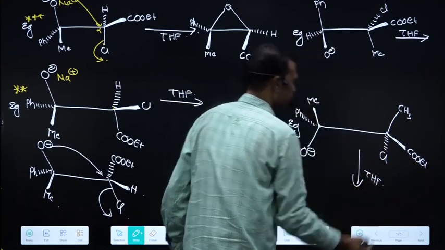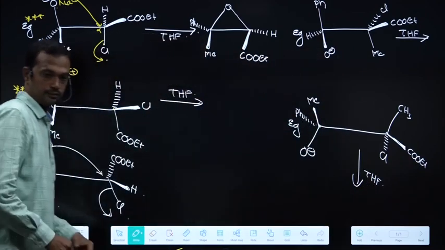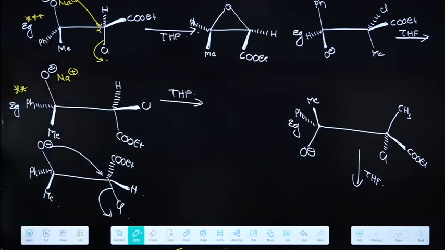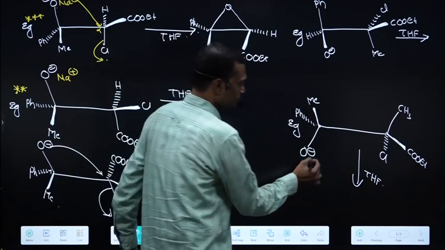Give the answer. If direct THF is given, that is an intermediate reaction.